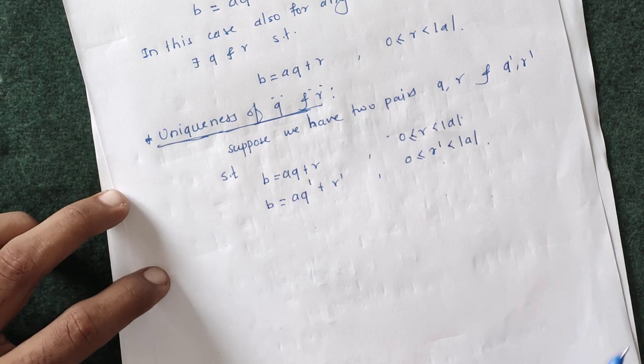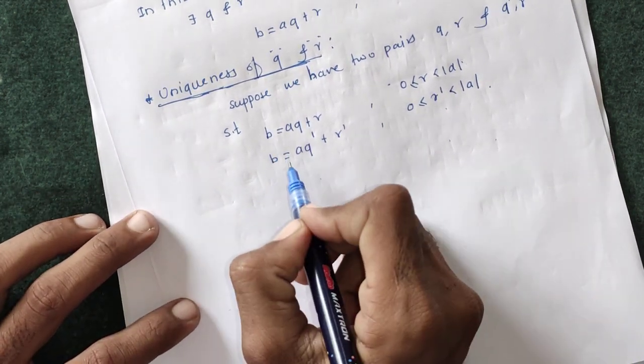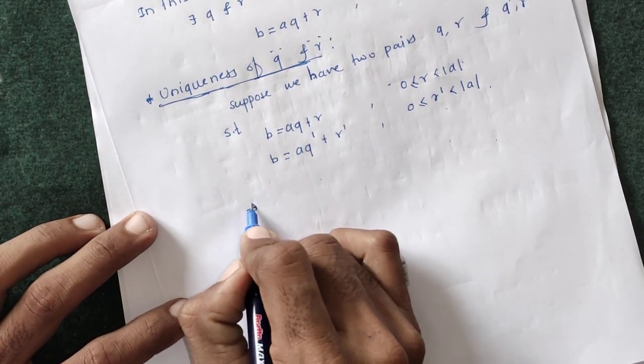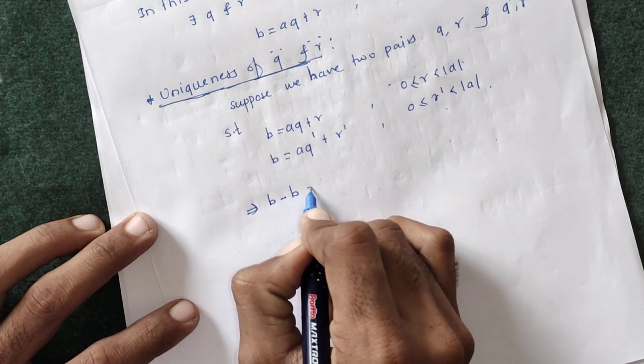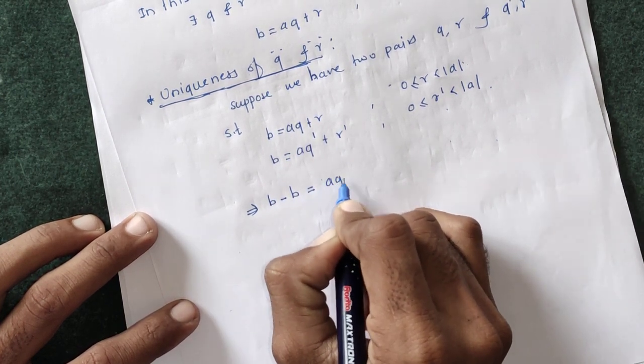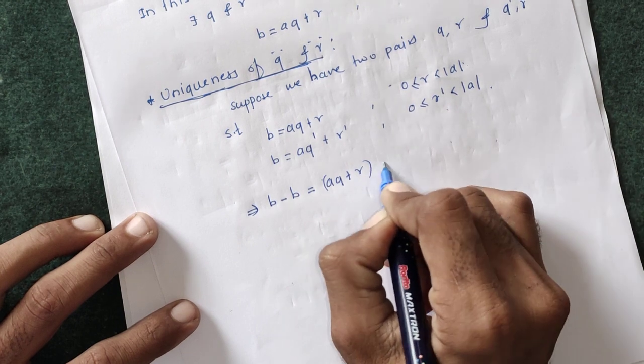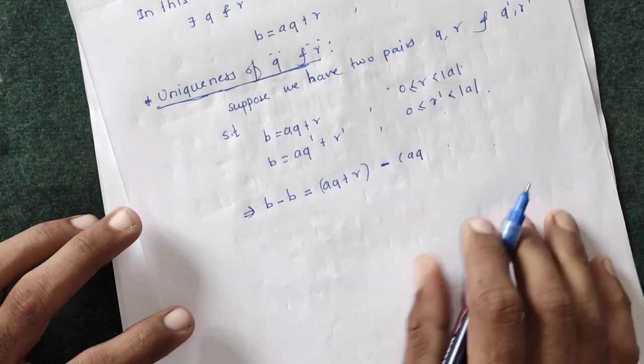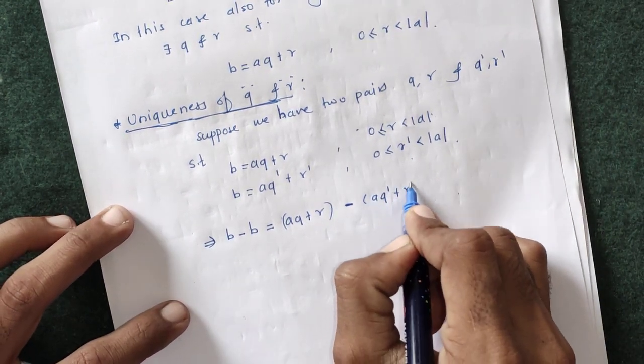From these two equations, subtracting one from the other, we get b minus b is equal to aq plus r minus aq prime plus r prime.